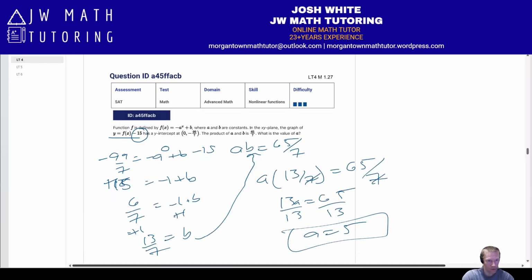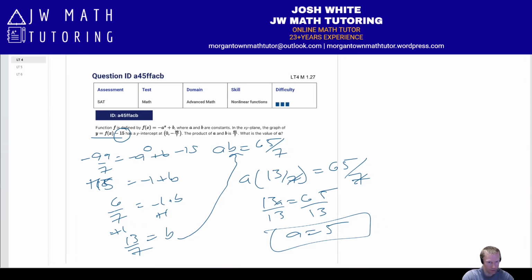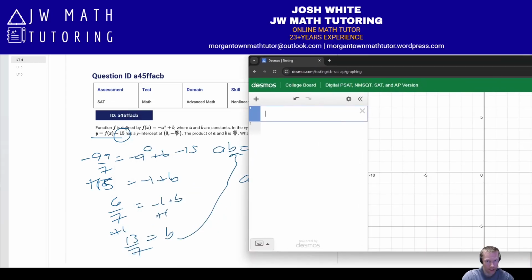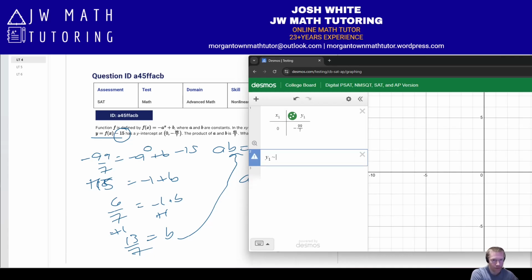Now, here is how you could solve this completely by using the Desmos graphing calculator. So let me jump over here. What I'm going to do is enter a table, and I'm going to put in this. Now, if I want to type in the regression, it would be negative a to the x1 plus b, except there are two things I need to do.